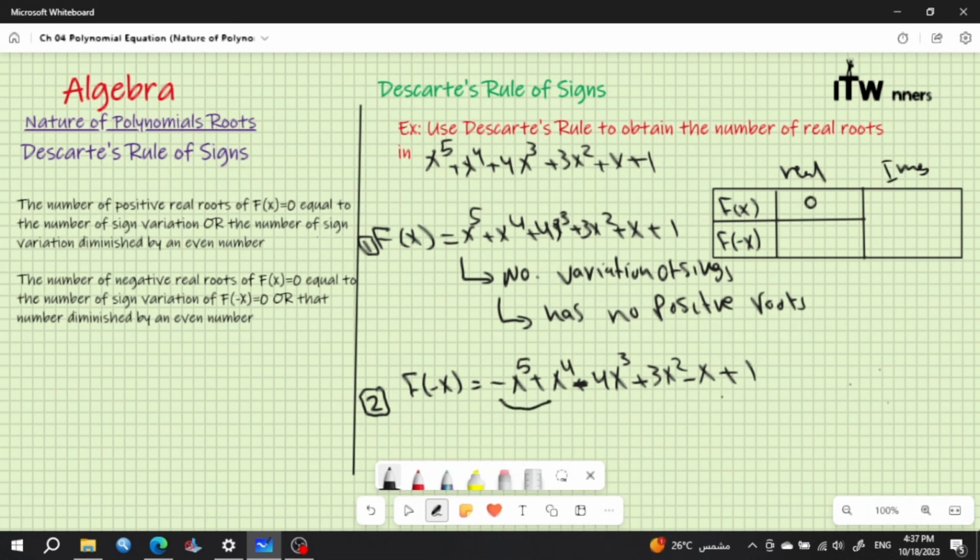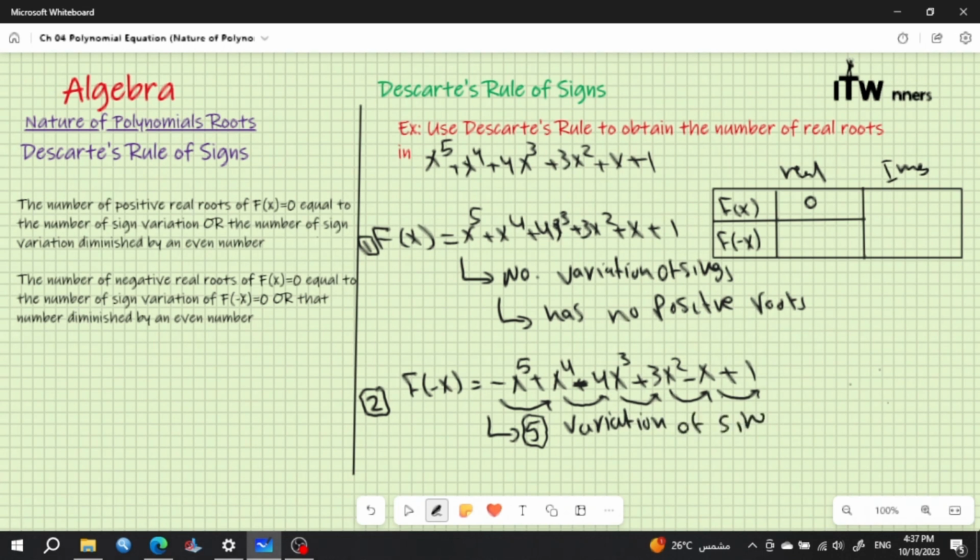So we have here 1, 2, 3, 4, 5 variations of signs, then f of x has 5 or 3 or 1 negative roots.